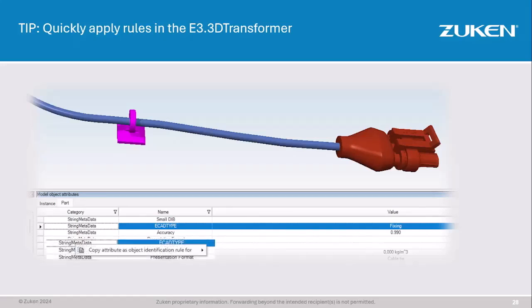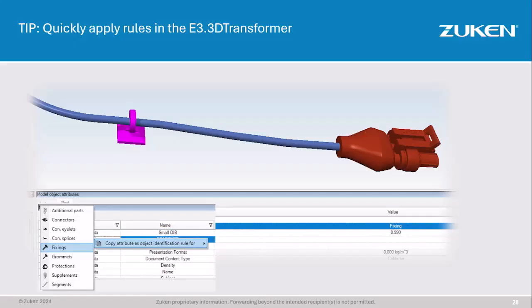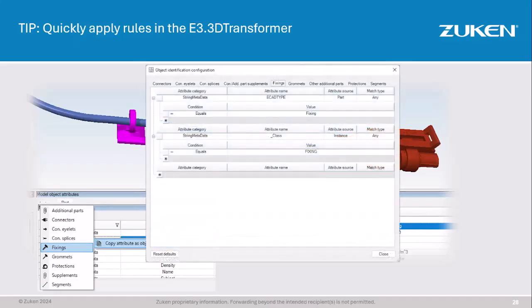If we want to copy that, we can right click and select the copy attribute as object identification rule 4. In our case, we are going to say that this indicates that it is a fixin. Again, we see string metadata, the value is fixin, which has been copied from the above.